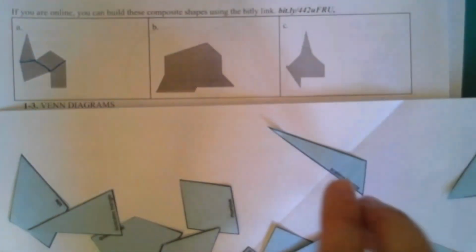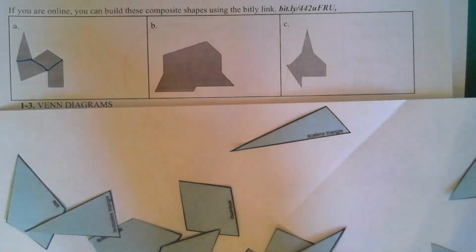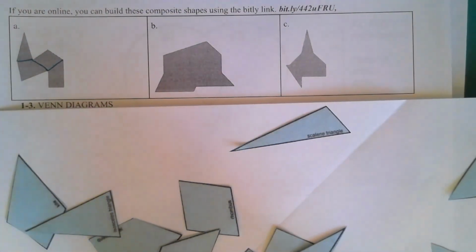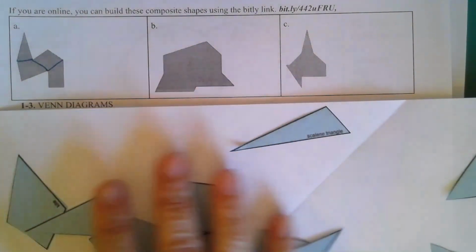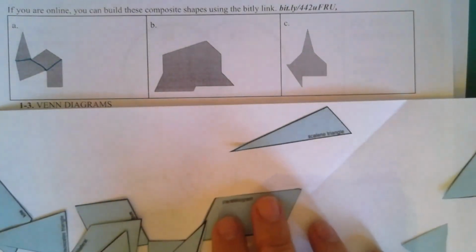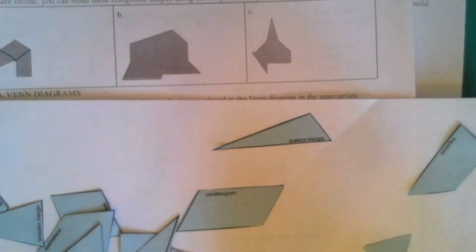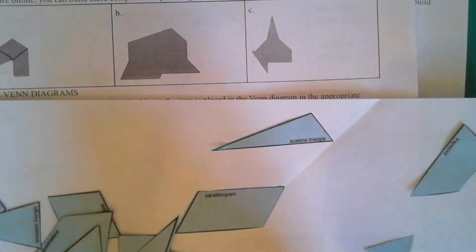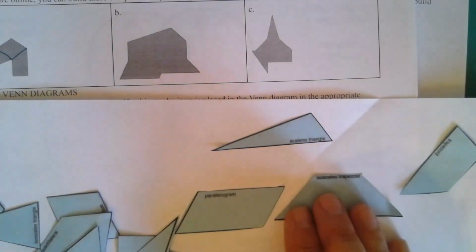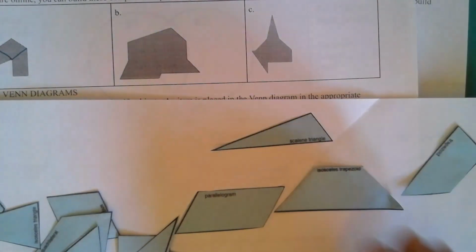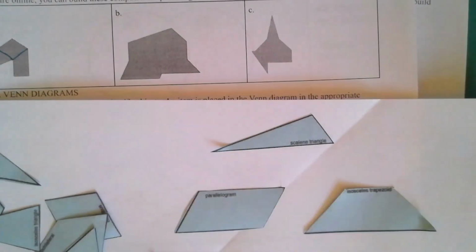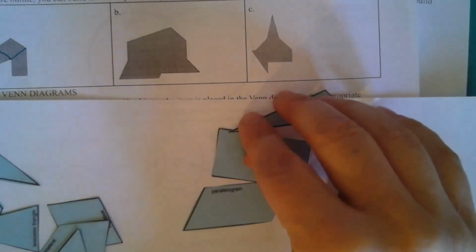For part B, I think I need my scalene triangle on the top. It looks like I need my parallelogram down here somewhere. This looks like the trapezoid perhaps right here, but I'm not sure. No, I don't think so. Maybe my rectangle should be here. Does that look about right?